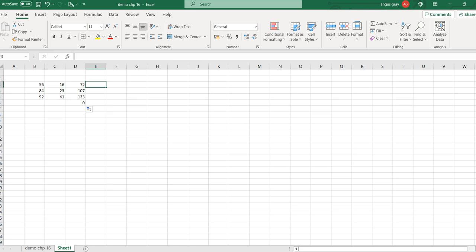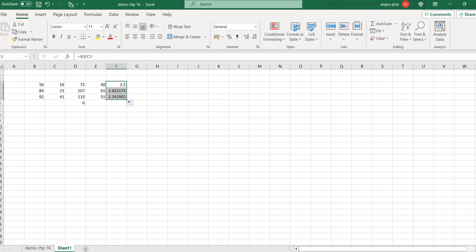So that was addition. If I wanted to do subtraction, I could then say equals, B3 minus C3, and again pull down. If I want to divide, it will be that cell divided by that cell, so I'm going to say equals and the forward slash and C3 again gives me 3.5, and I can pull down.